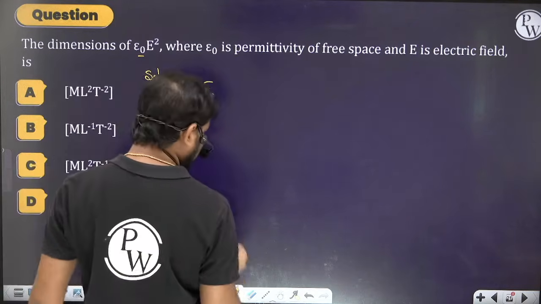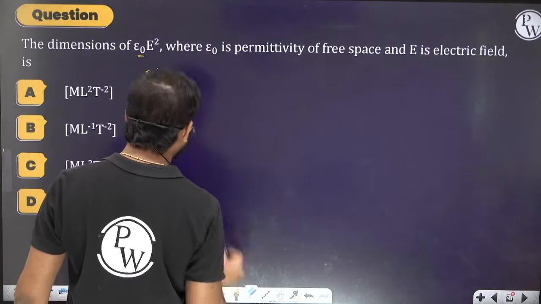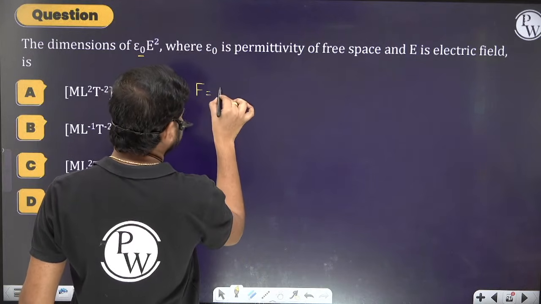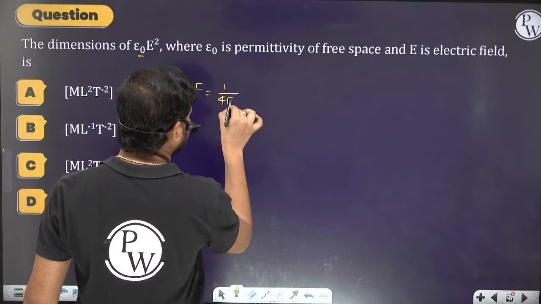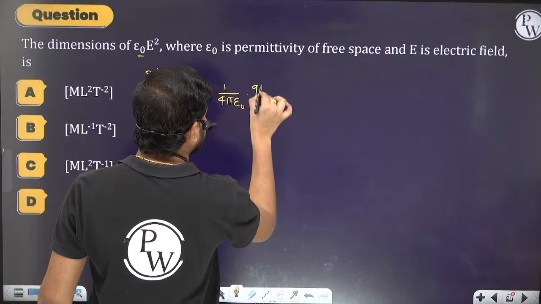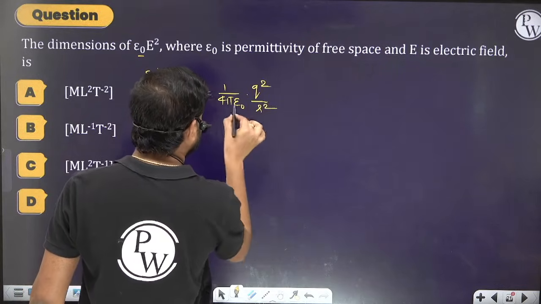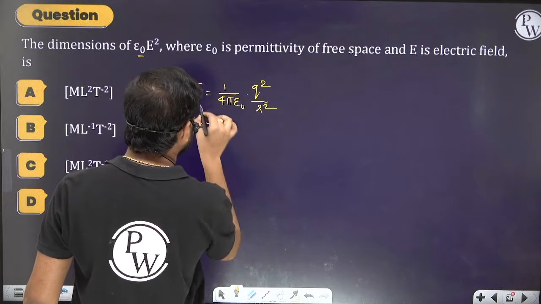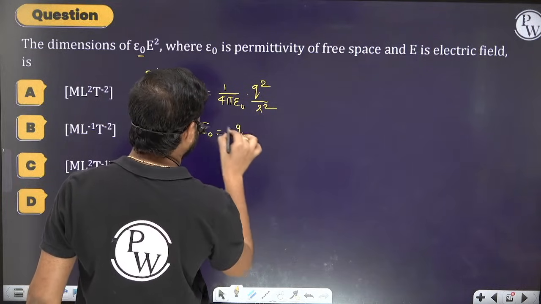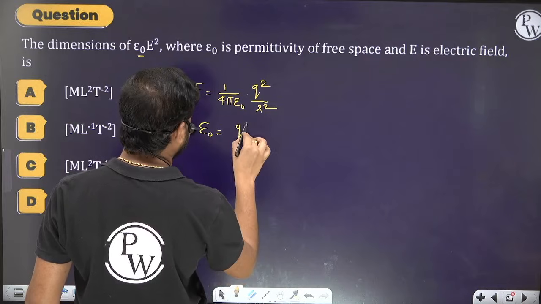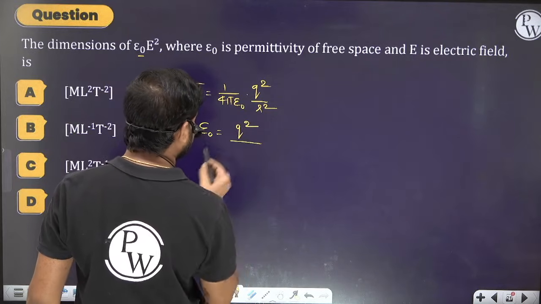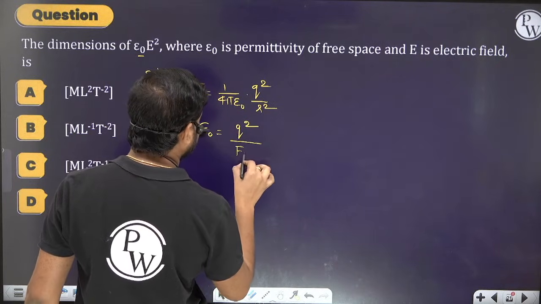So epsilon naught units, how can we derive? The epsilon naught units you can derive from the force is equal to 1 by 4 pi epsilon naught Q square by R square. So from here you can write epsilon naught is equal to, just take off 4 pi, however it does not have any dimensions, Q square by force into R square.